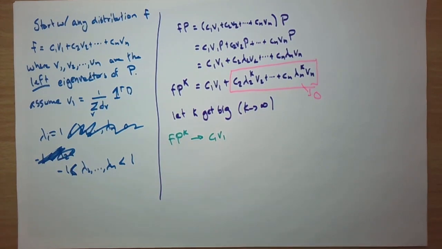But actually, we know what C1 has to be if we start off with a probability distribution. Because if you have a probability distribution and you take one step, what do you have? You still have a probability distribution. So keep taking it over and over, you still have probability distributions. So C1 has to be the right number to make it a probability distribution. So what's the right number?